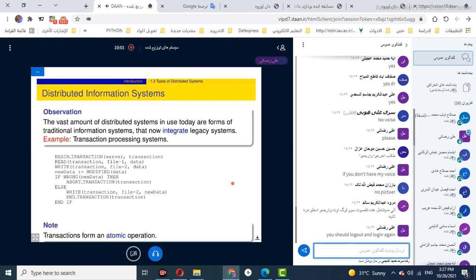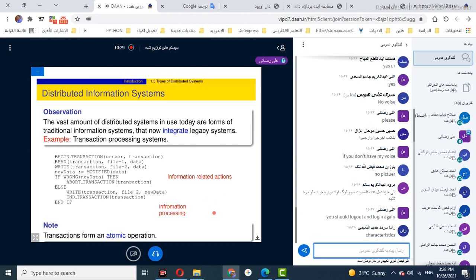Information-related actions: we have information processing.